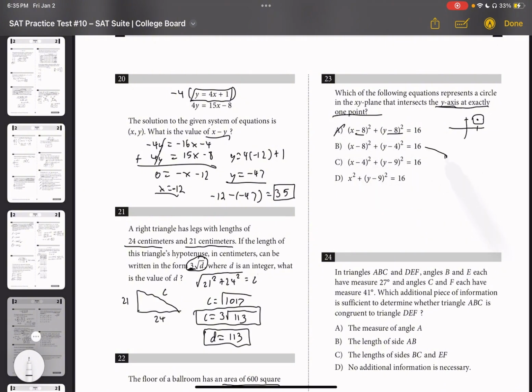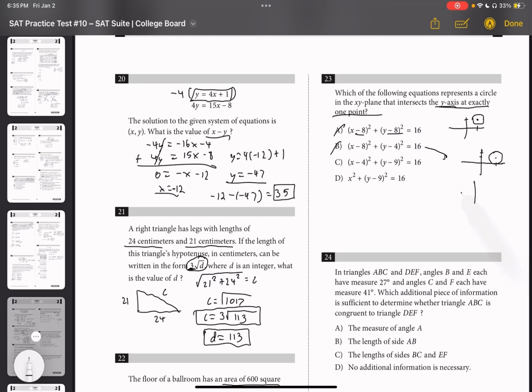Now we have the second one over here with a center point of 8, 4. And if the radius is 4, that means that we are going to intersect the x-axis once, but never the y-axis. So that's also incorrect.